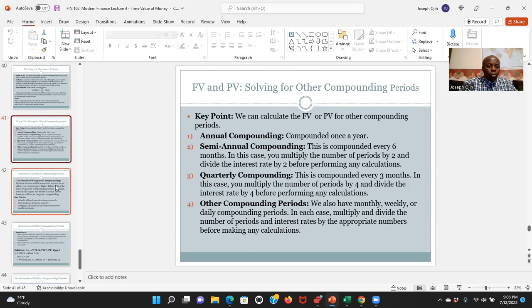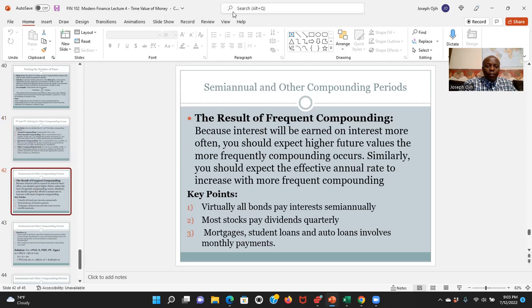One important fact I want to explain before we start our computations is: what is the outcome of frequent compounding? Because interest will be earned on interest more often, we should expect higher future values if it is compounded more frequently.